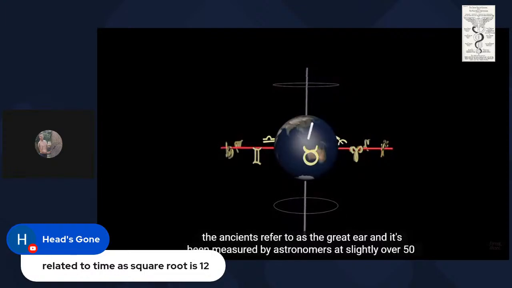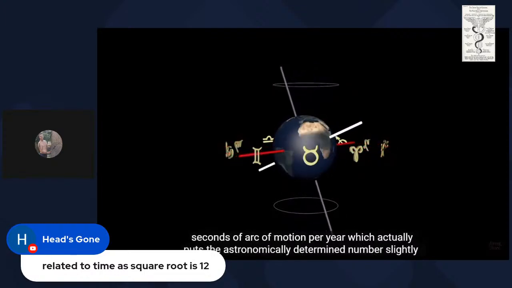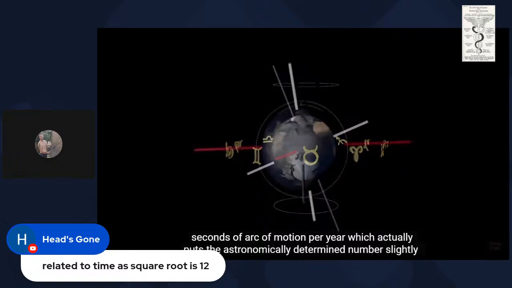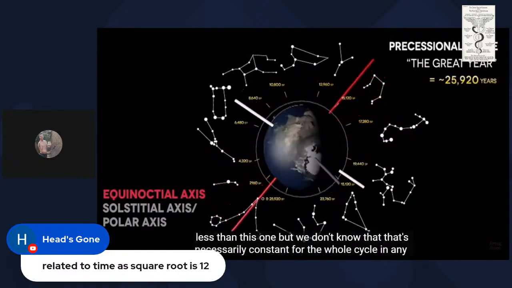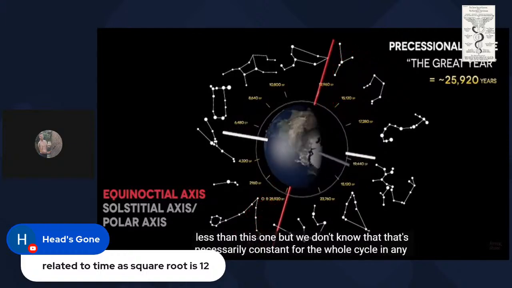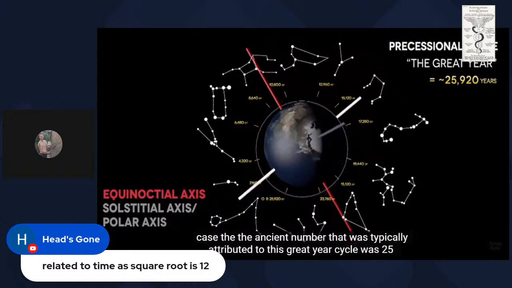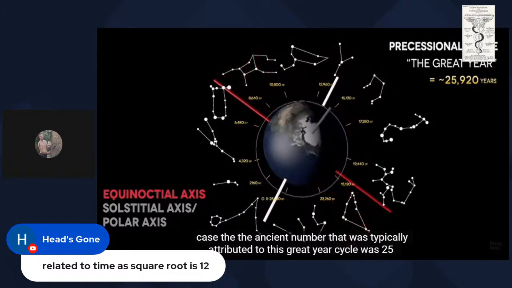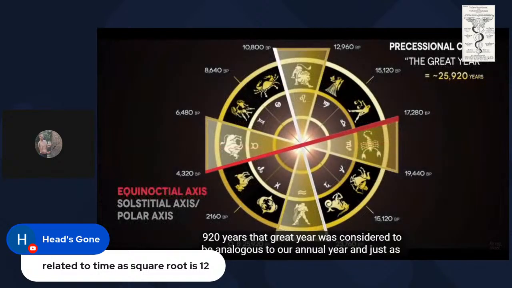And it's been measured by astronomers at slightly over 50 seconds of arc of motion per year, which actually puts the astronomically determined number slightly less than this one. But we don't know that that's necessarily constant for the whole cycle. In any case, the ancient number that was typically attributed to this great year cycle was 25,920 years.